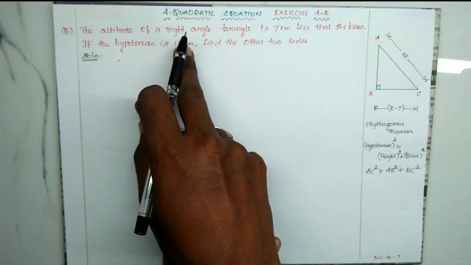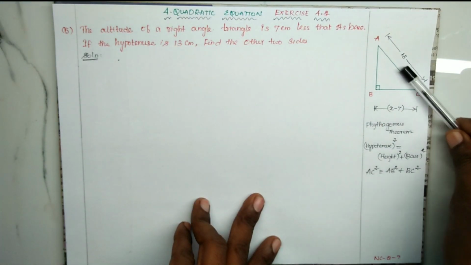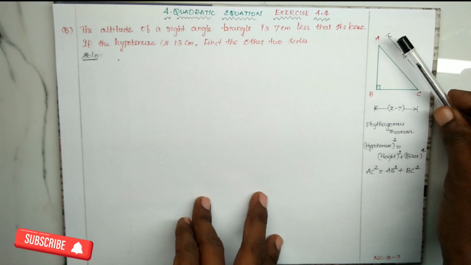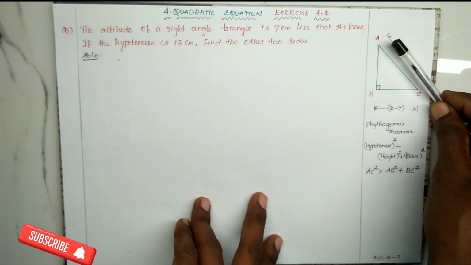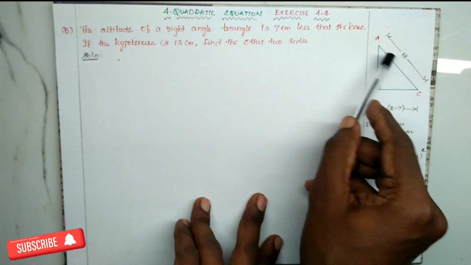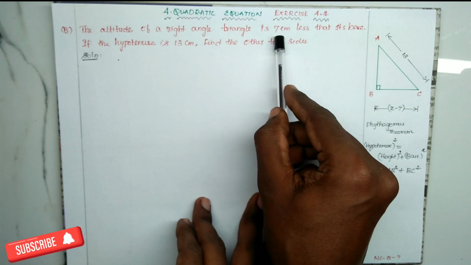They have given the hypotenuse is 13. Hypotenuse means the side which is the biggest side. We have to mention this hypotenuse, so we are taking this hypotenuse as 13. The altitude of the right angle triangle is 7 centimeter less.